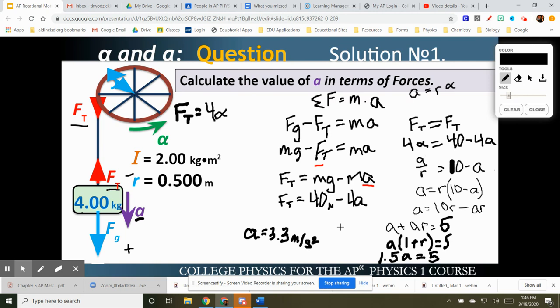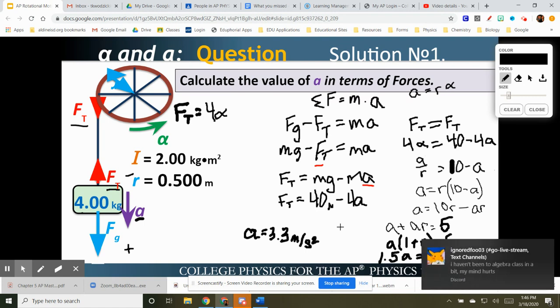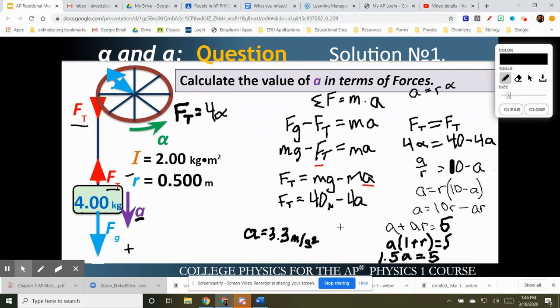And what we did is kind of those old Atwood machine problems where we'd look at each separate part of the system before we look at the overall acceleration of the system. And in this case, it was different because the pulley has angular acceleration, so we had to make that connection between translational acceleration and angular acceleration.